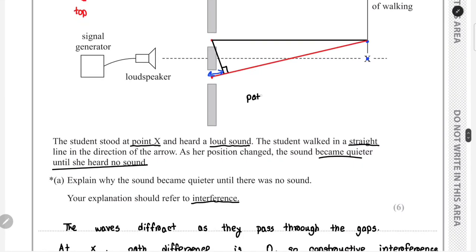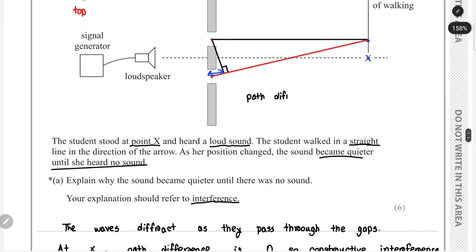If path difference is a multiple of the wavelength, constructive superposition or constructive interference occurs. And if it's half lambda more than a multiple of lambda, at these places destructive interference occurs.